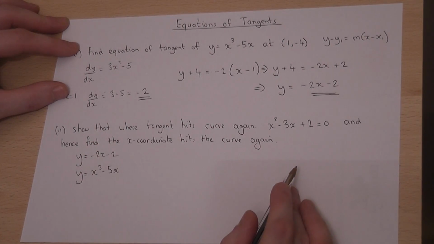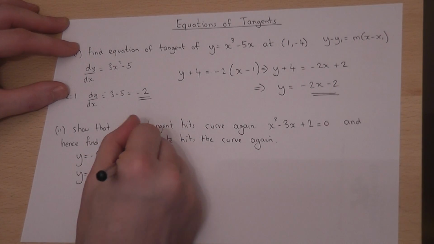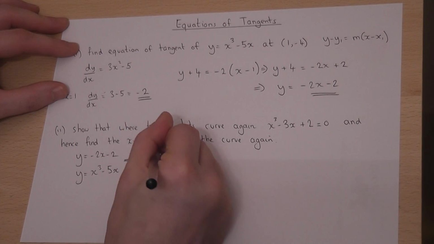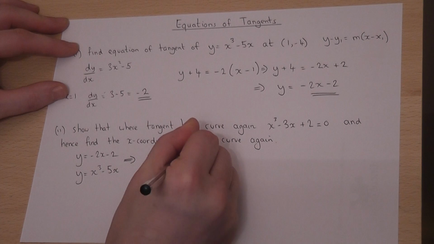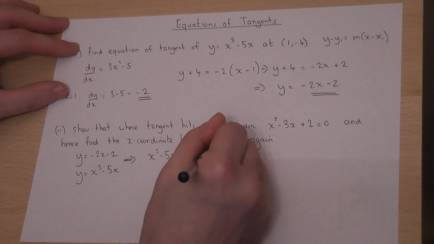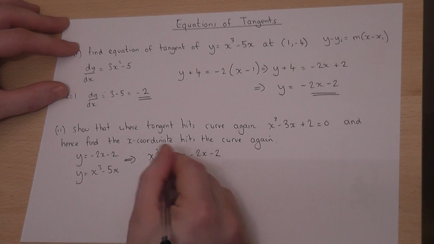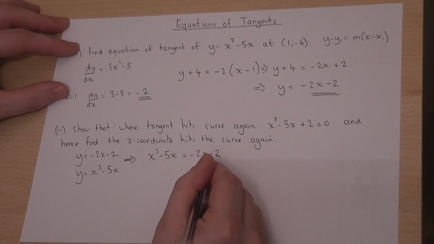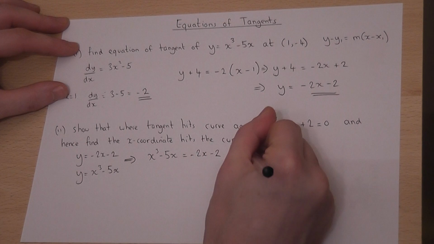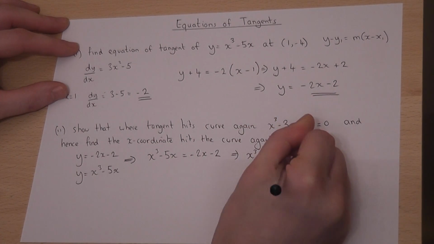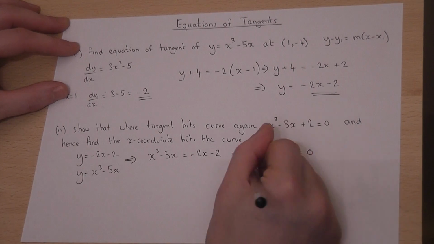Well, to do this, we use simultaneous equations. They must equal each other, so therefore x cubed take away 5x must equal minus 2x take away 2. So if I add 2x and add 2, this tells us that x cubed minus 3x plus 2 must equal 0.